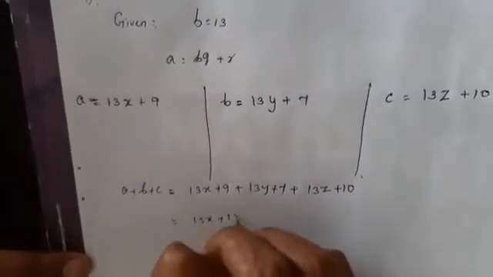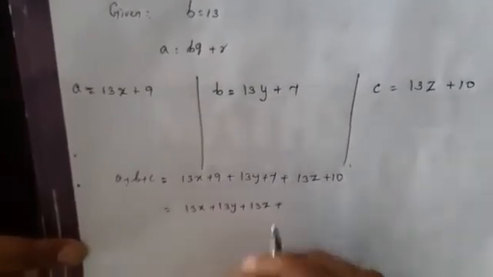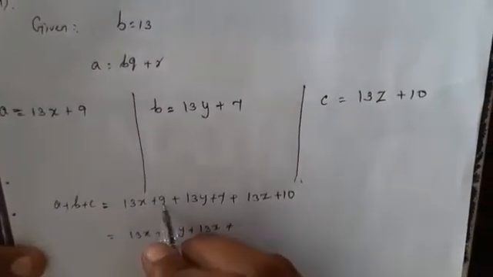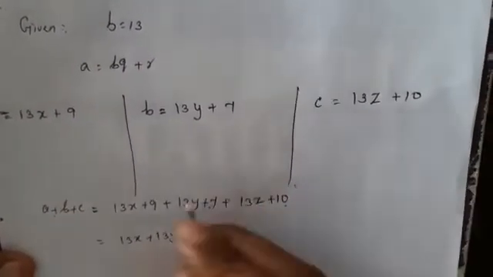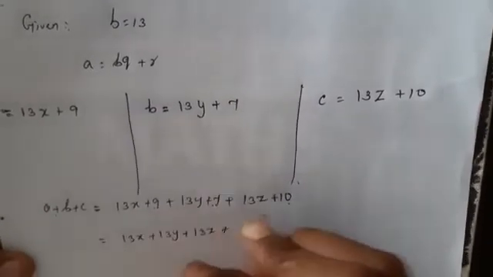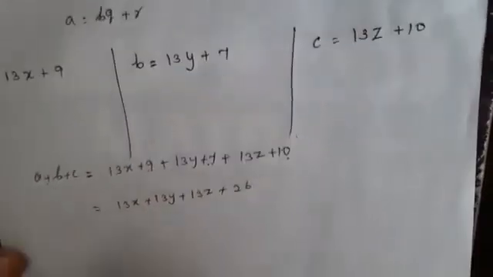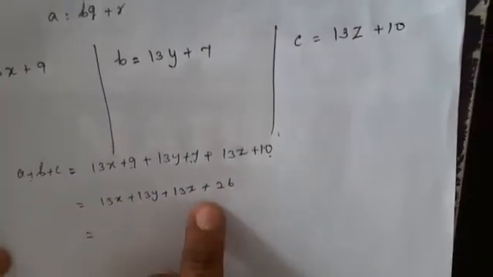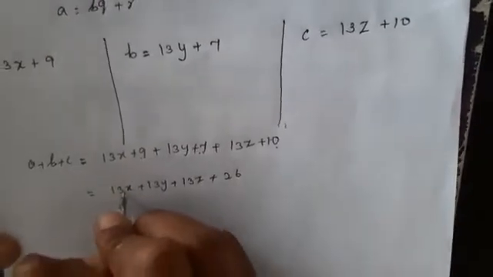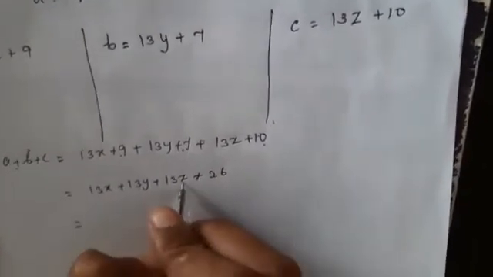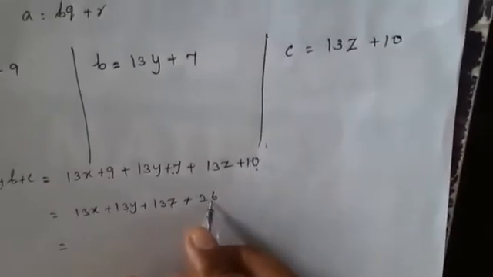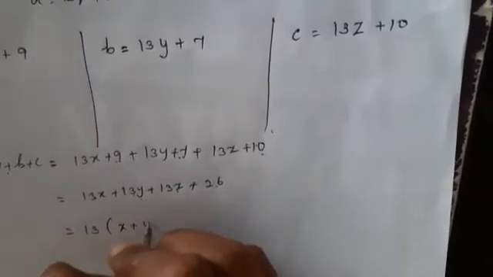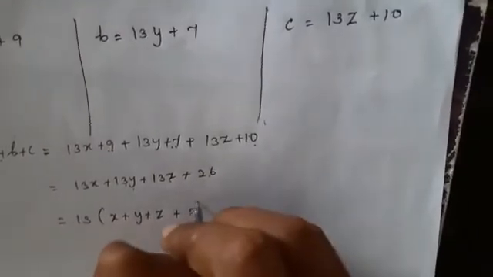13x plus 13y plus 13z, plus add the constant values: 9 plus 7 plus 10. 9 plus 7 is equal to 16, 16 plus 10 is equal to 26. Next, that one is common, the table for 13. 13th table: 1 13 is 13, 2 13s are 26. So 13 into x plus y plus z plus 2.